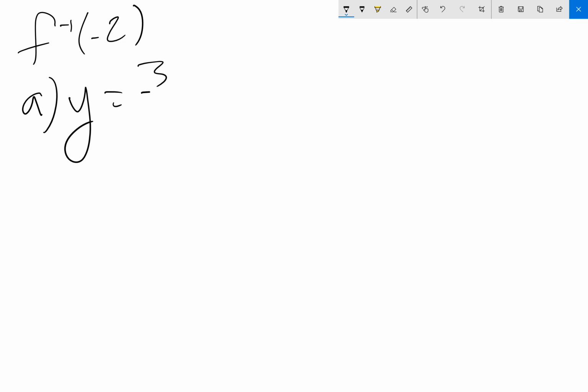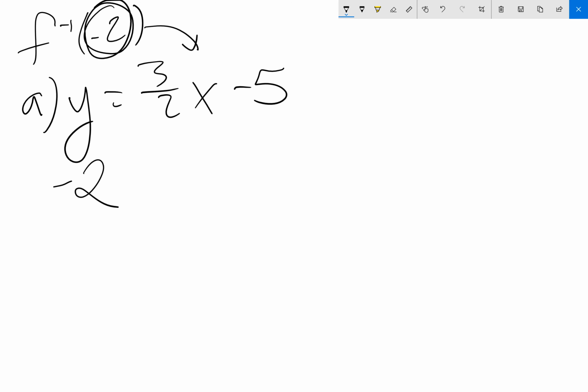So find f inverse of -2. So y equals 3 over 2 x minus 5. For f inverse, the input is actually the output of the original function. So instead of plugging in -2 for x, we're going to inverse it.